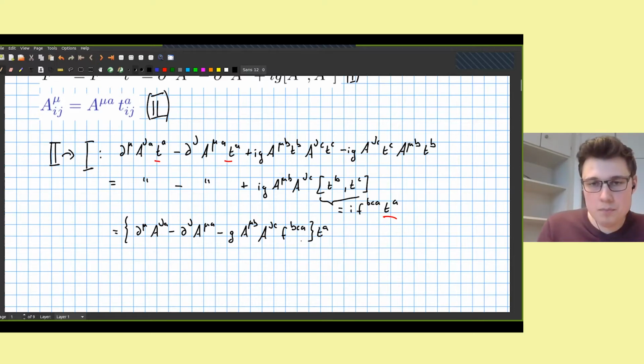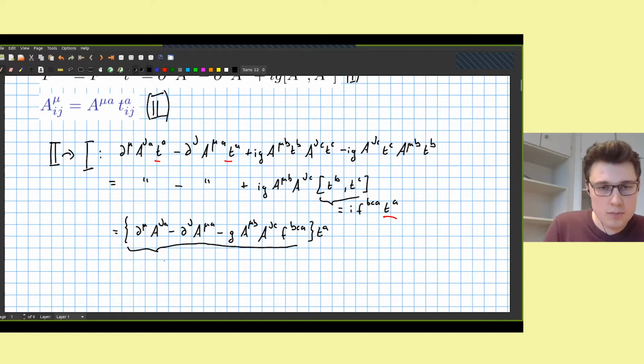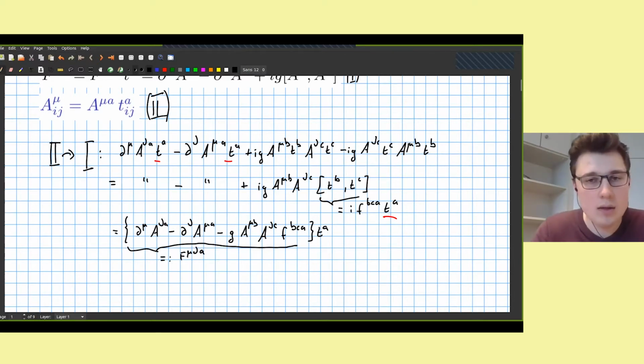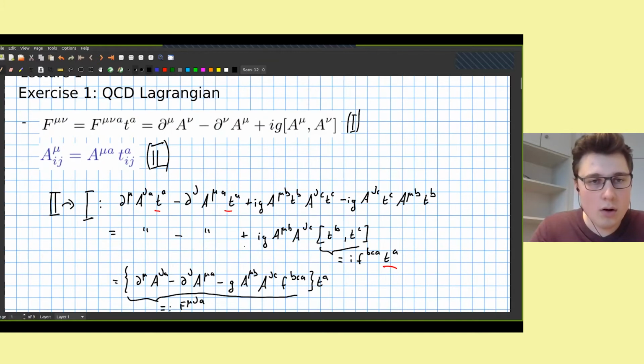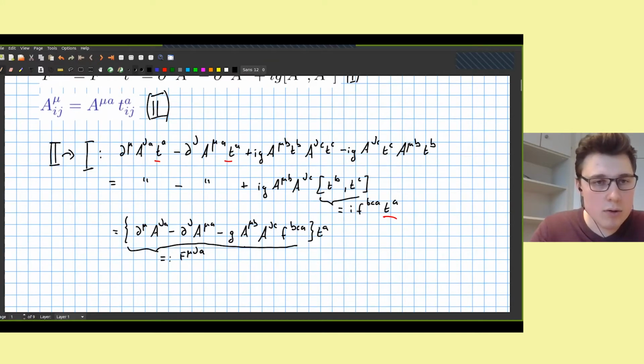Okay, that's it. That's exactly the form we wanted. So we can define this factor inside the brackets to be F mu nu A. That's all that we wanted to show here.